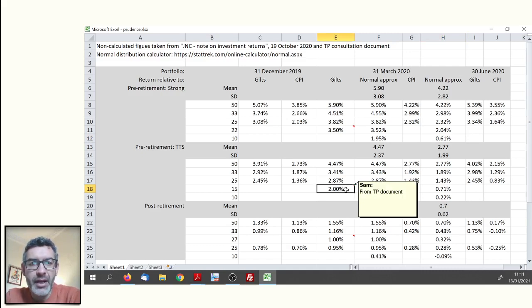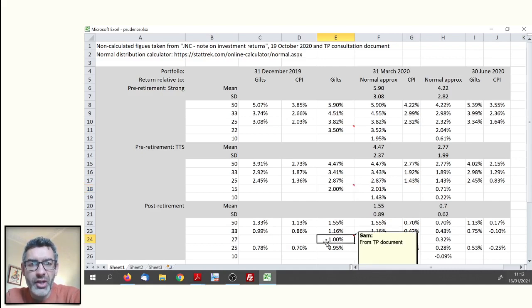And they were using the 85% confidence level, which is the 15th centile on this sheet. And then also they were using the 73% confidence level, in other words, the 27th centile on this sheet, for the post-retirement discount rate.